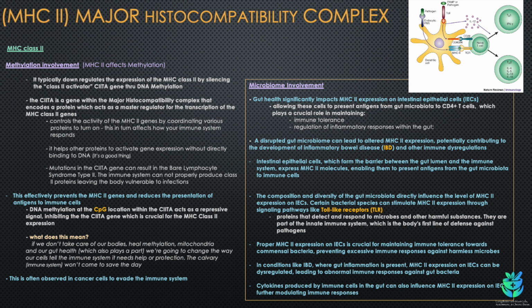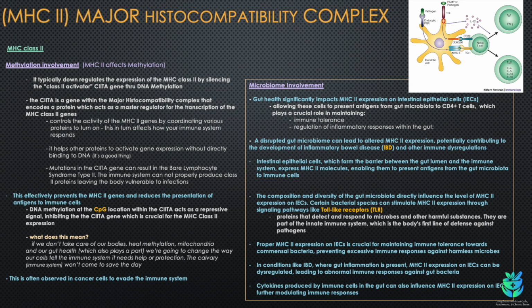Intestinal epithelial cells, which form the barrier between the gut lumen and the immune system, express MHC2 molecules, enabling them to present antigens from the gut microbiota to immune cells. So, if you have IBS or any other type of gut issue where you have significant inflammation in the gut, your MHC2 is involved, which also means you have a weak or dysregulated microbiome.